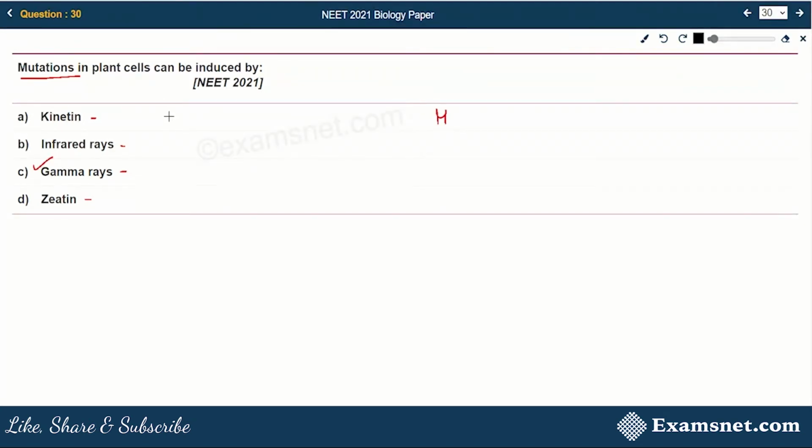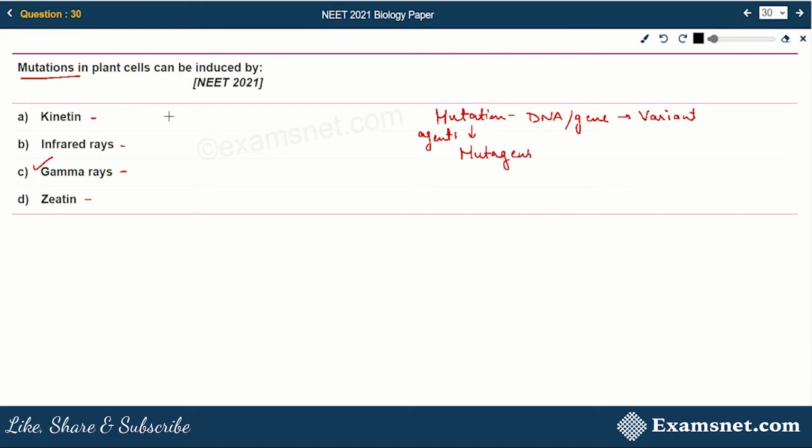So what do you mean by mutation? Mutation is any change in the DNA sequence or gene of an organism that leads to the formation of variant, that means a different variety of the same organism or species. The agents that lead to mutation are known as mutagens.